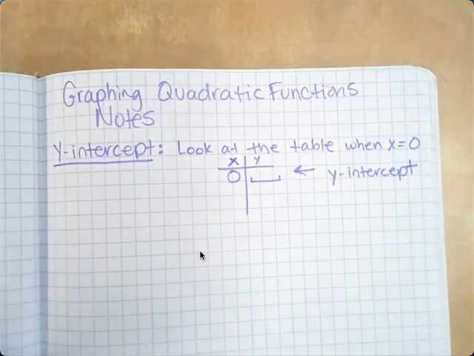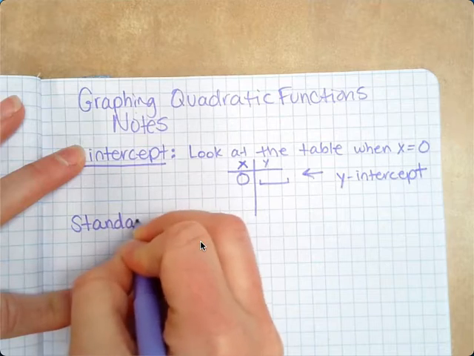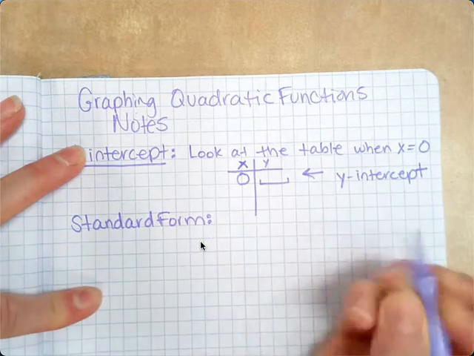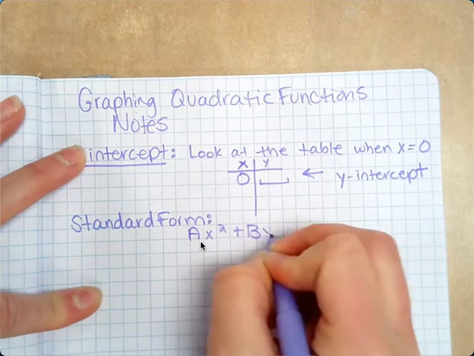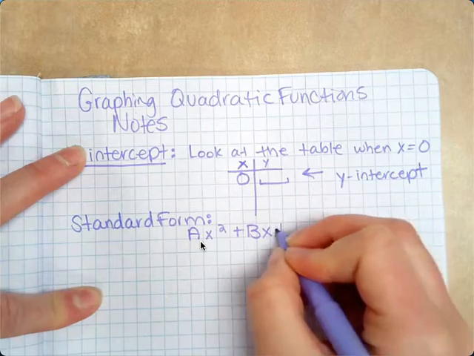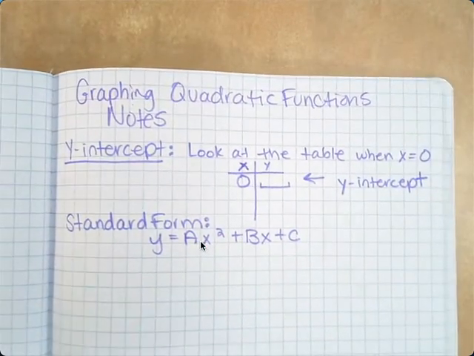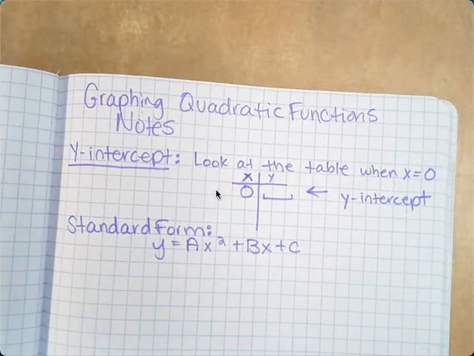So on our notes, we're going to write the standard form because that's where we get our a, b, and c. Ax squared plus bx plus c. It should say y equals. And the a, b, and c could actually be lowercase. I don't know why I did uppercase.